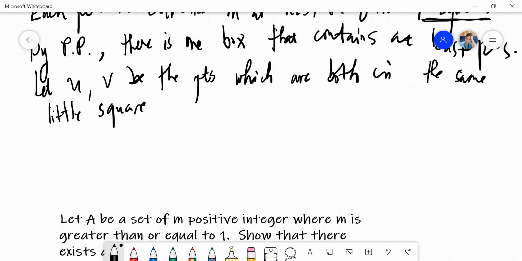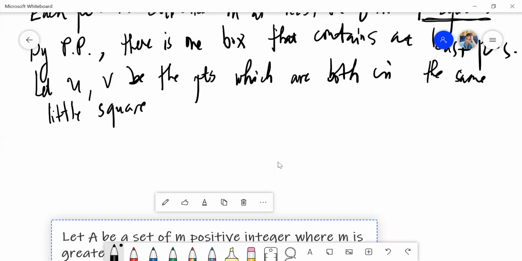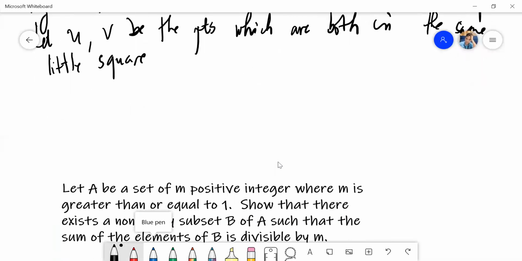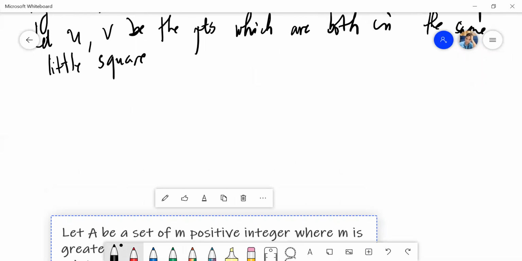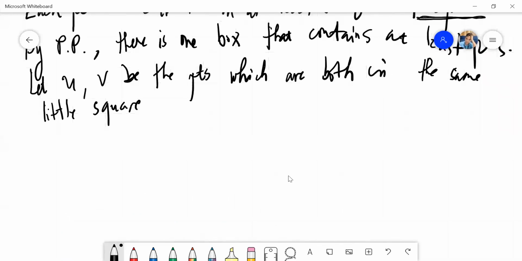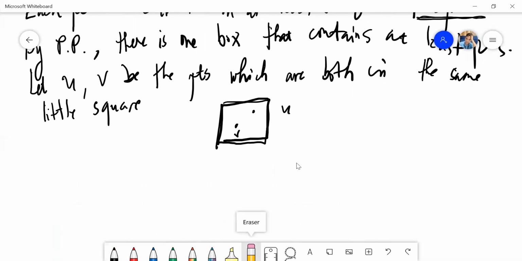So let's do the microscopic detail of the 2 points here. I'm sorry, I'm just new to my pen here, so I cannot control some movement on this board. So let's say this is our microscopic illustration of one square that contains 2 points, U and V. Let's move them very far from each other, but of course inside the square.